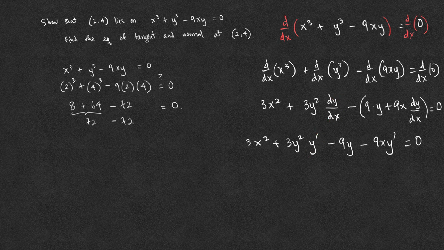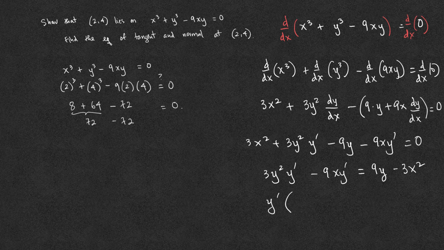Next, we group all of the terms with y prime on the left hand side: 3y squared y prime minus 9xy prime. Any term that does not have y prime in it, we move to the right hand side. So negative 9y becomes positive 9y, and positive 3x squared becomes minus 3x squared. Next, we factor out y prime.